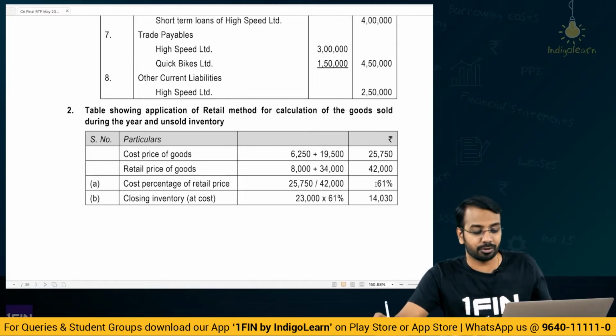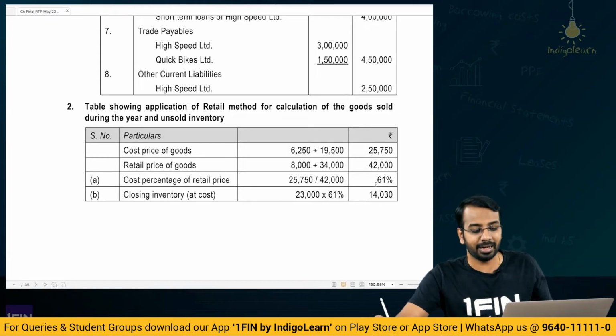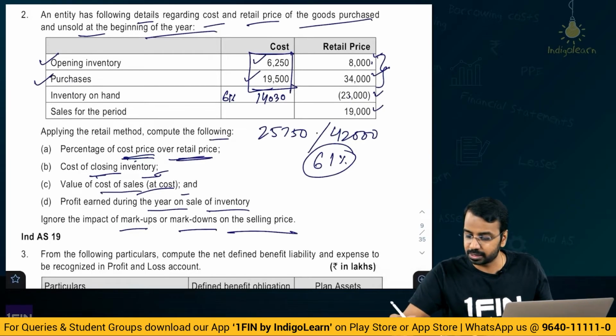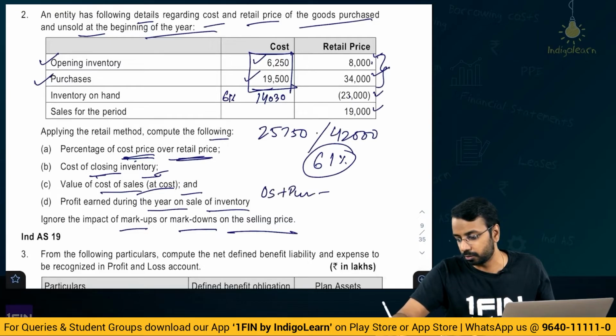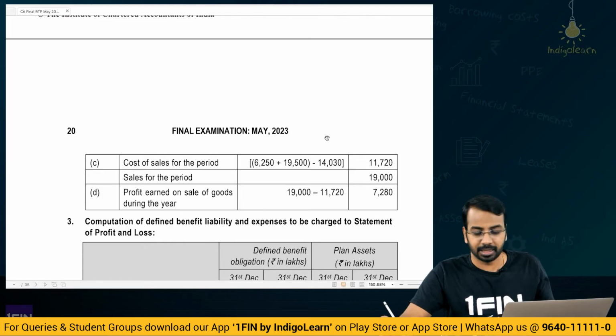So 61% of 23,000, that is 14,030 is the cost of inventory. And what is the value of cost of sales? See, cost of sales is your opening stock plus purchases minus closing stock. So what is the opening stock at cost? 6250 plus what is the purchases? 19,500 minus what is the closing stock? 14,030.